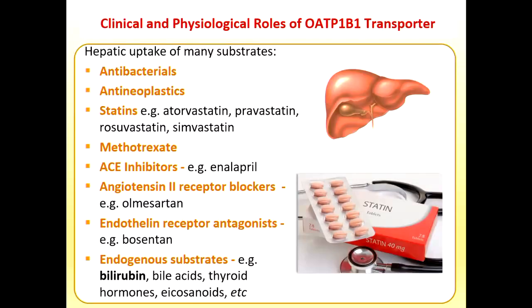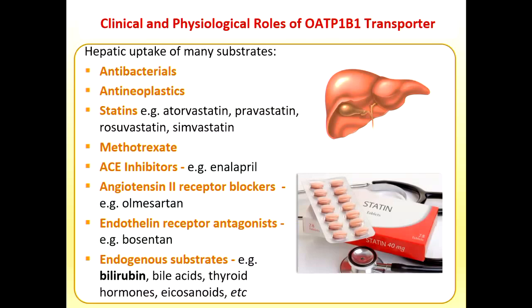Now, why are we talking about this protein and why is it right at the top of the list of very important pharmacogenes? Well, it's really due to the fact that it is important in transporting a whole lot of important pharmaceuticals, and we can see some of them here across a whole lot of very significant drug classes: antibacterials, anti-neoplastic drugs. Ones that really matter, the statins: atorvastatin, pravastatin, rosuvastatin, simvastatin, all substrates for this hepatic uptake pathway.